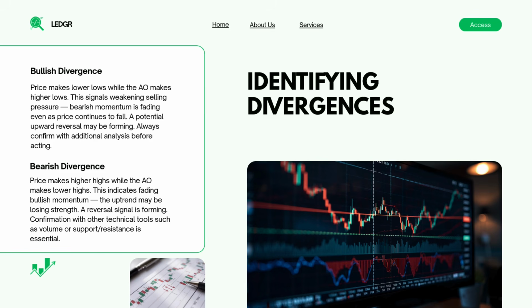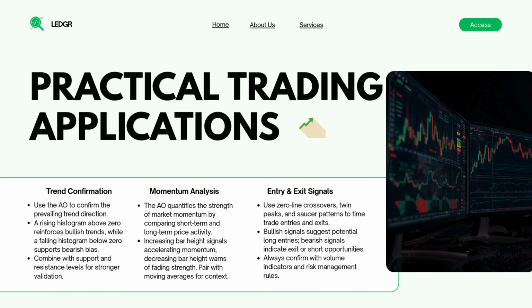Next, we come to the twin peaks pattern. On screen we have the bullish and the bearish twin peaks, and potential reversal signals. The twin peaks setup is one of the most popular AO trading signals. A bullish twin peaks pattern occurs when two lows form below the zero line, with the second low being higher than the first.